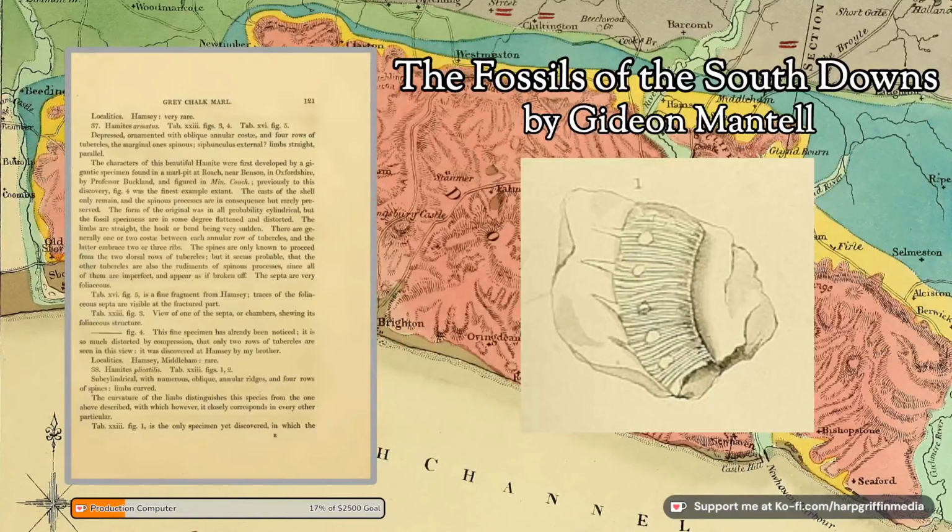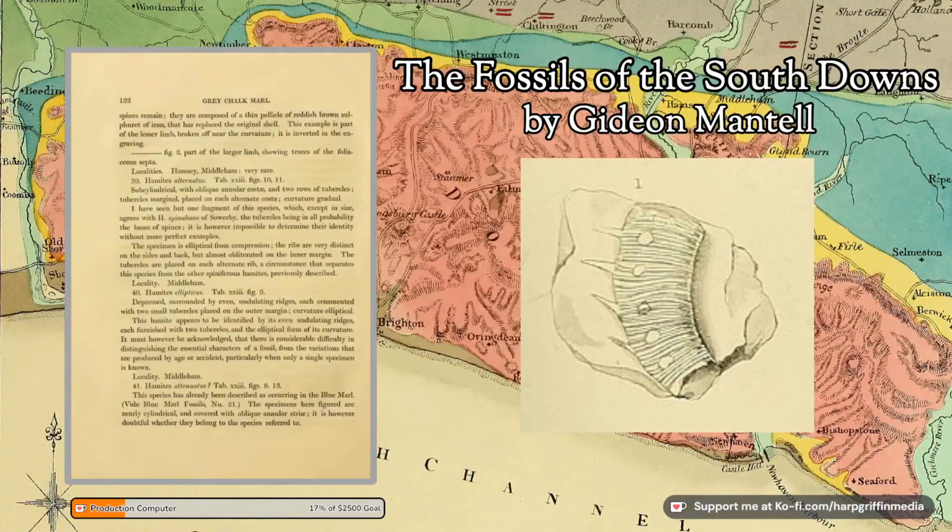Tablet 23, Figure 1, is the only specimen yet discovered in which the spines remain. They are composed of a thin pellicle of reddish-brown sulphuret of iron that has replaced the original shell. This example is part of the lesser limb, broken off near the curvature.